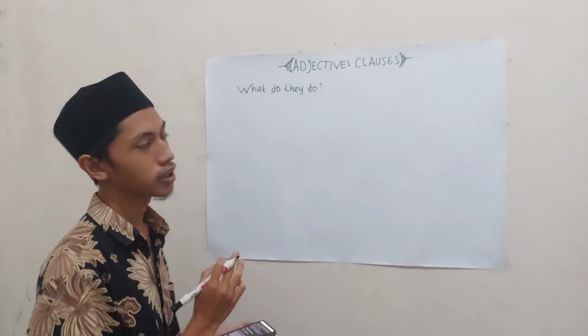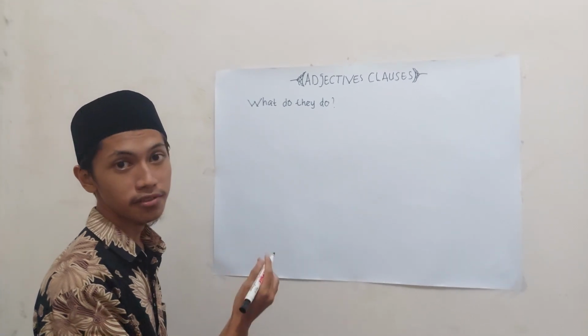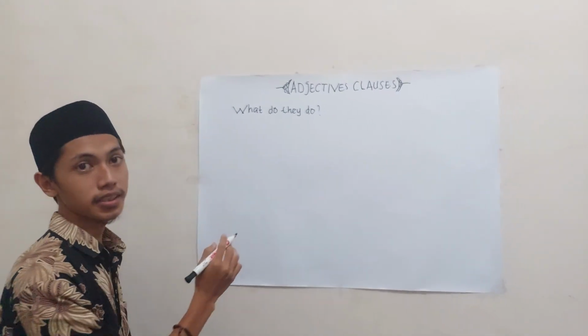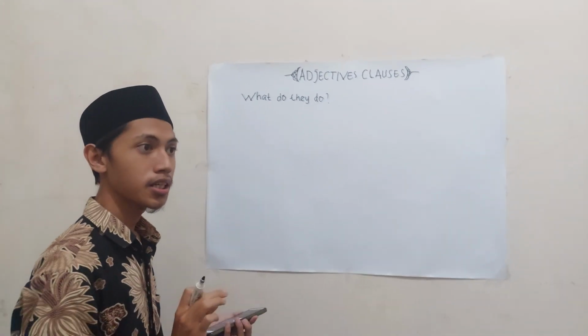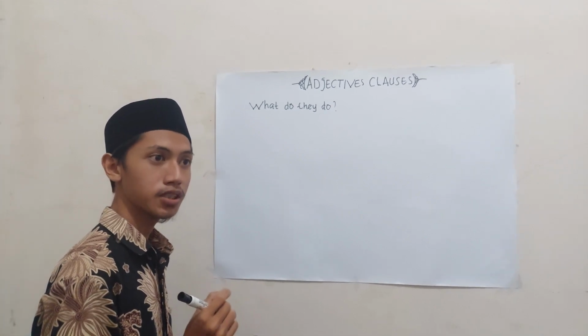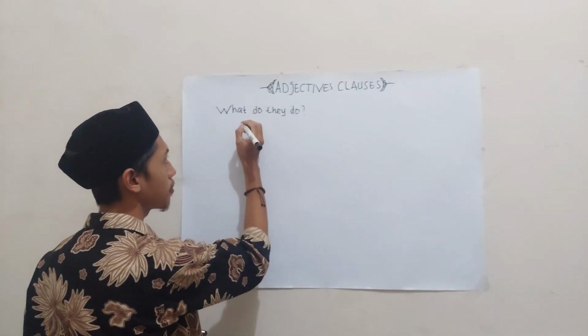Adjective clauses give information about a noun, the same as adjectives. But an adjective clause allows you to combine two sentences into one sentence by using a relative pronoun as a connector.